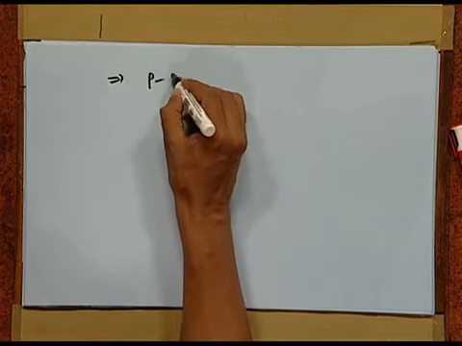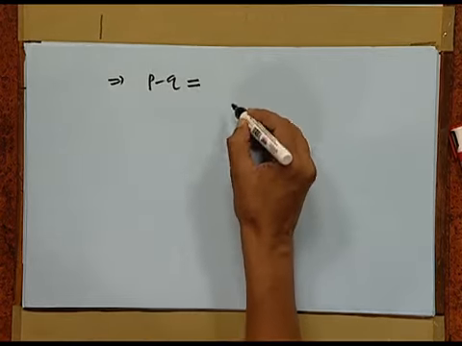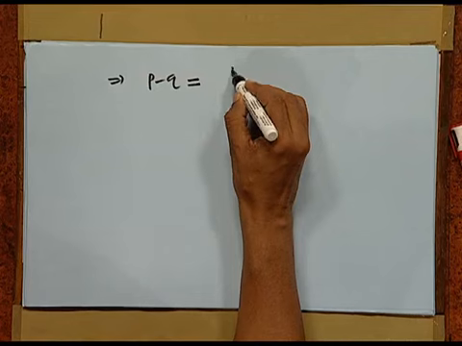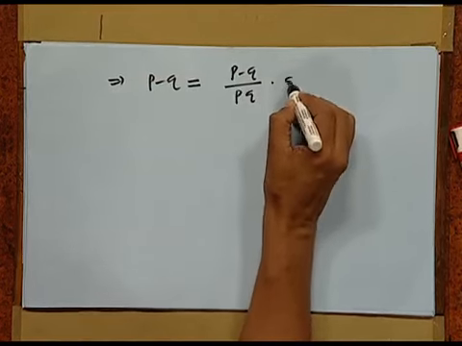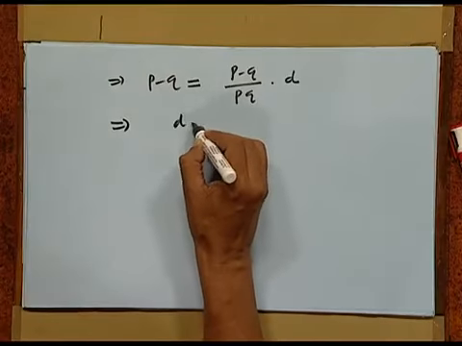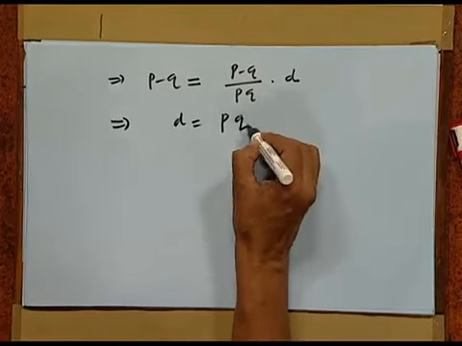This gives p minus q is equal to (p minus q) upon pq times d. Now since p and q are not equal, we can cancel p minus q to get d is equal to 1 upon pq. Now we have found d in terms of p and q.